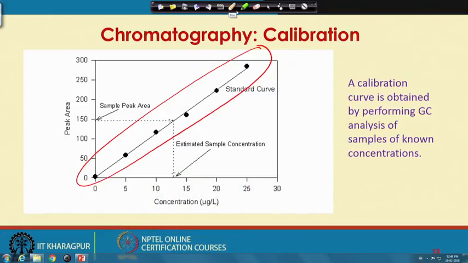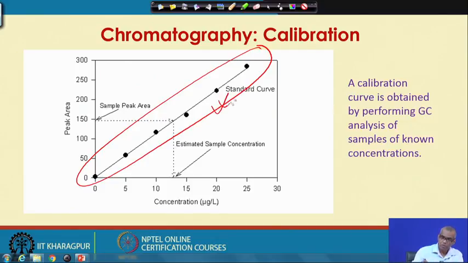So, if you look at the scheme, this is the calibration curve or standard curve. Now, I perform the gas chromatographic analysis of an unknown sample and I see, let us say, the area under the curve or the peak area is 150 units.